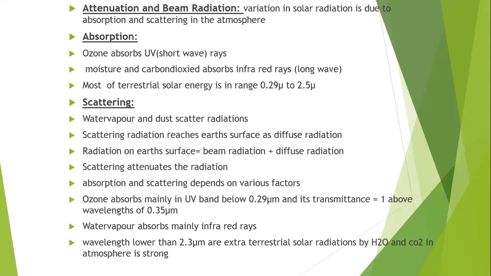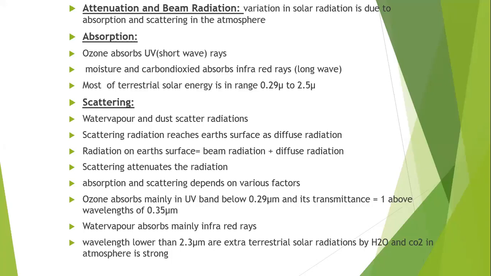After these absorptions, we get the remaining solar radiation. These absorptions by oxygen, ozone, moisture and carbon dioxide change the wavelength range of the solar radiation. What is terrestrial?